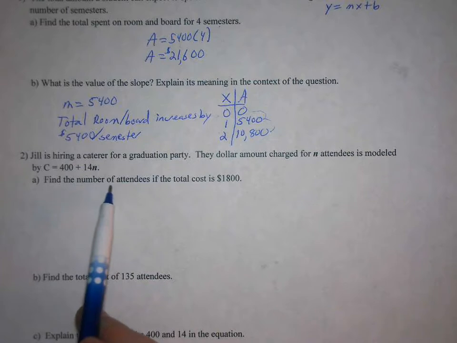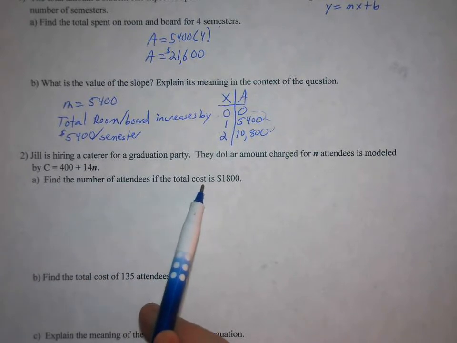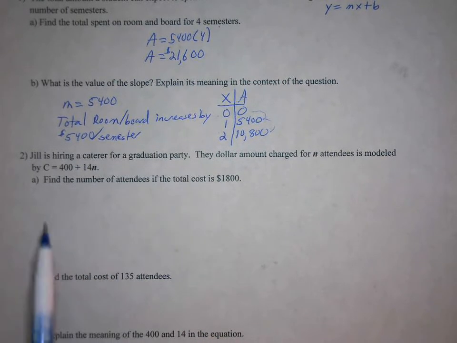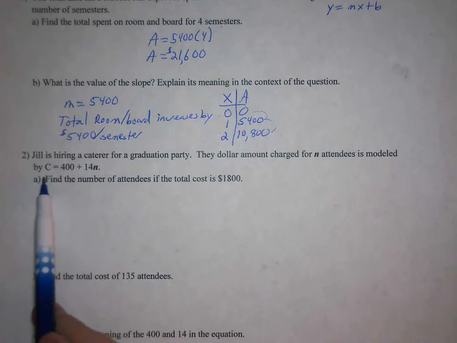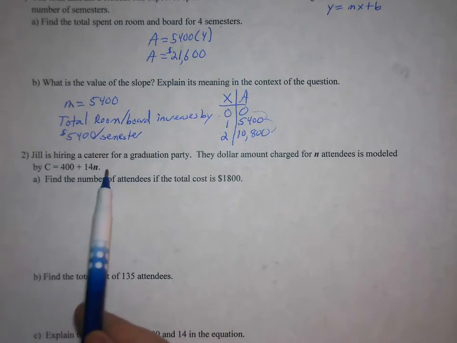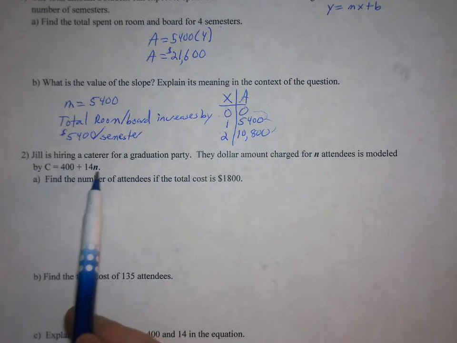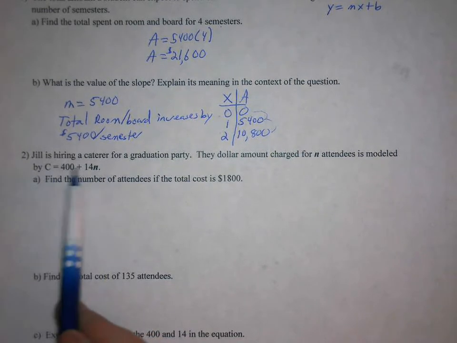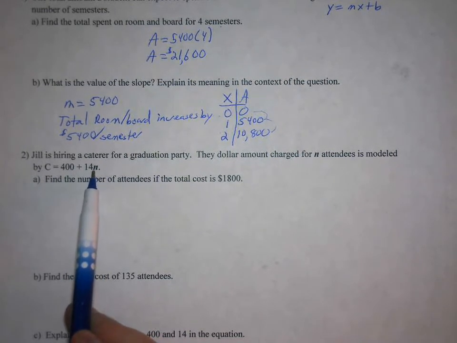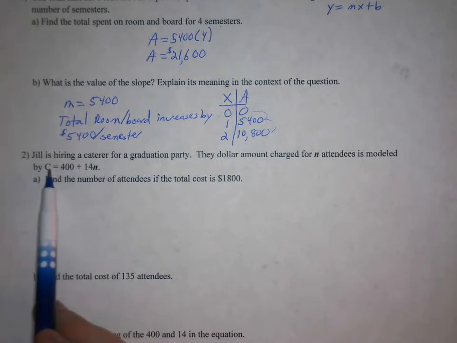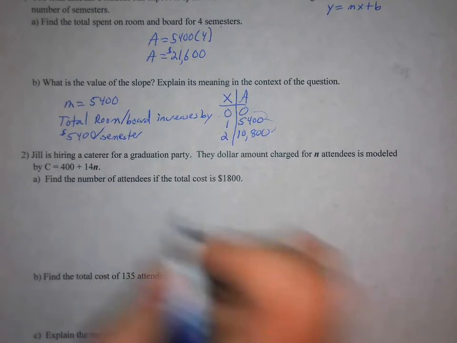So the number of attendees, if the cost is 1,800. So 1,800 total cost, we need to think about, is that a C or an n? Well, $1,800 is a cost, not the number of attendees. It didn't say 1,800 people attend. That'd be a fun party, but it's giving you the total cost.